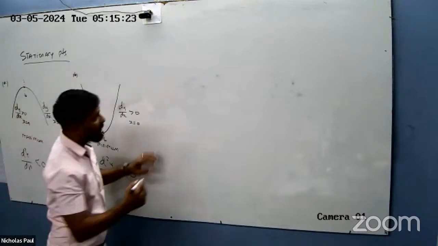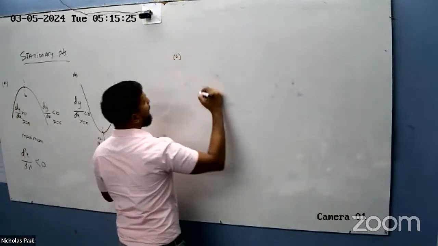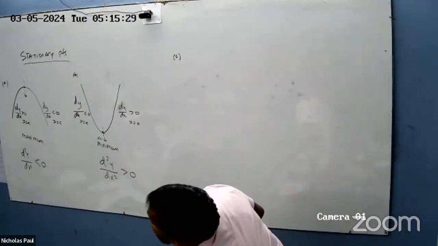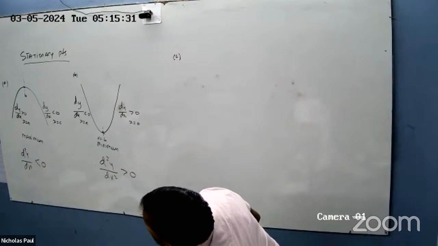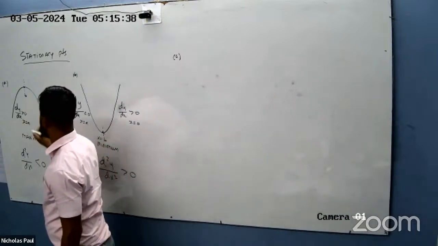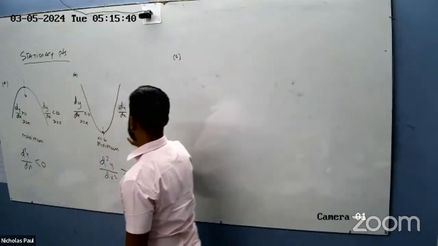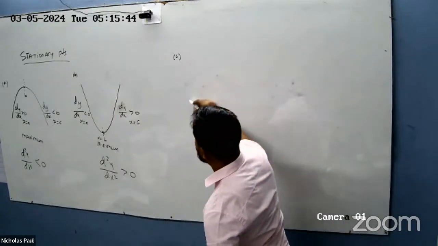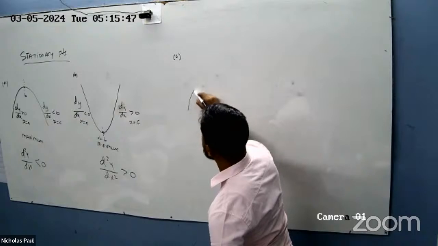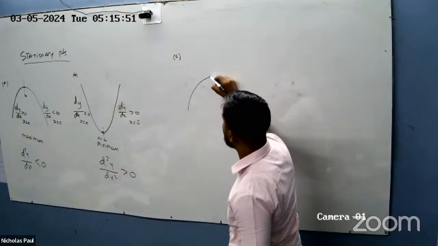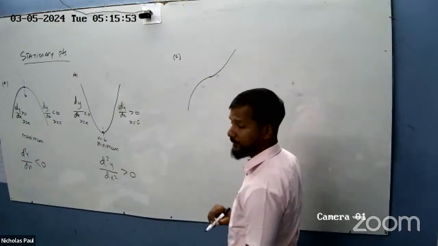And then a new one. Some stationary points look like this. There's a special stationary point where the function is increasing, and when it reaches here it's not going to decrease, it's going to continue to increase.